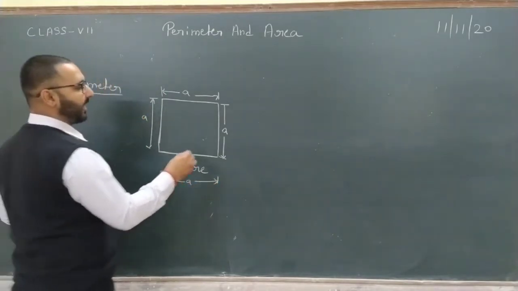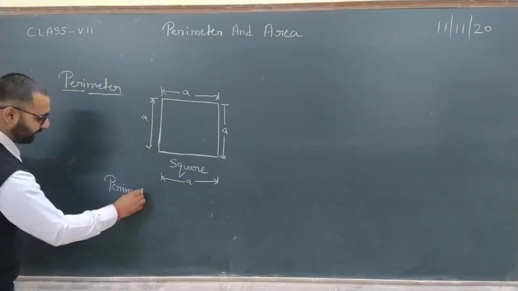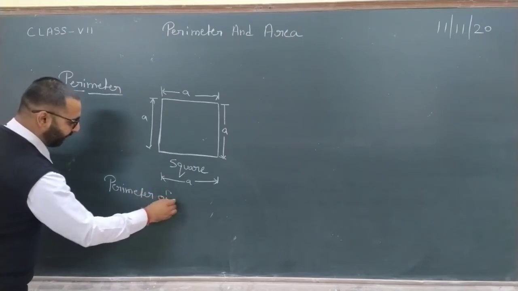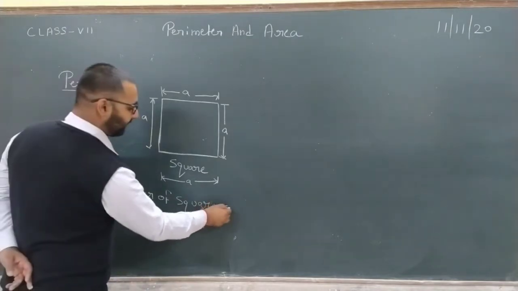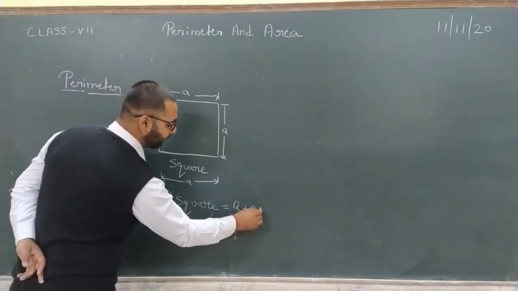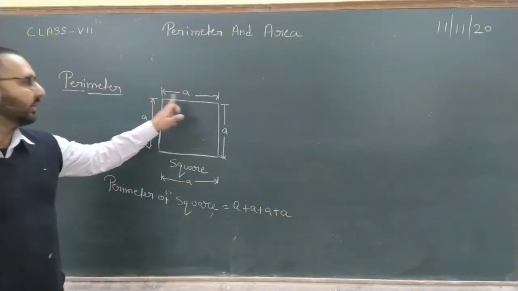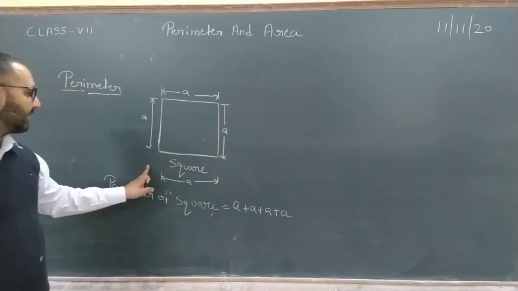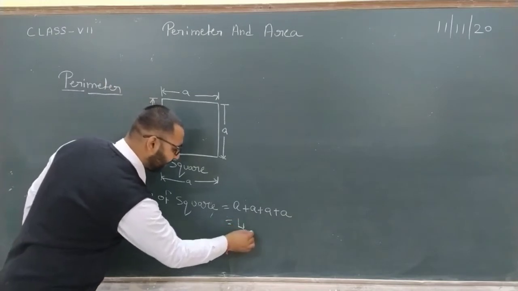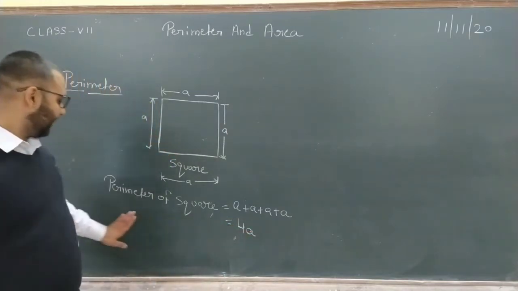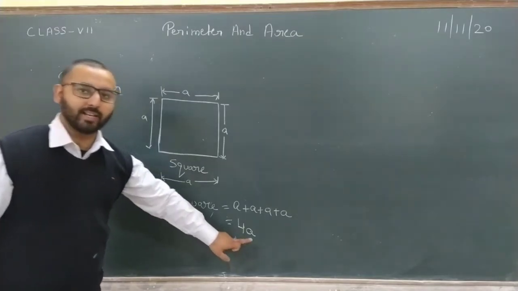So in this case, the perimeter of a square is, if I write in rough form, A plus A plus A plus A, so it will be 4A. So we can say the formula for the perimeter of a square is 4 multiplied by A, where A is the side of the square.